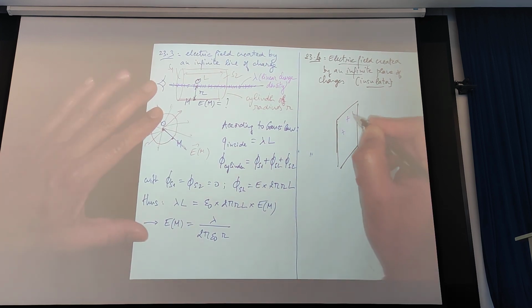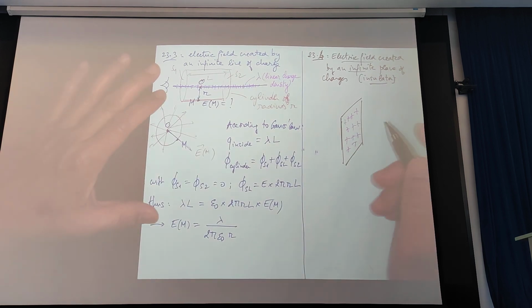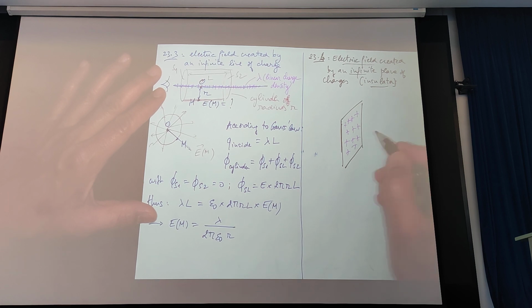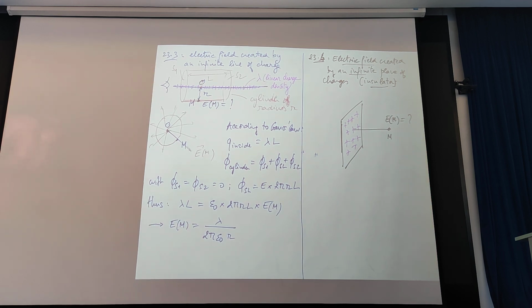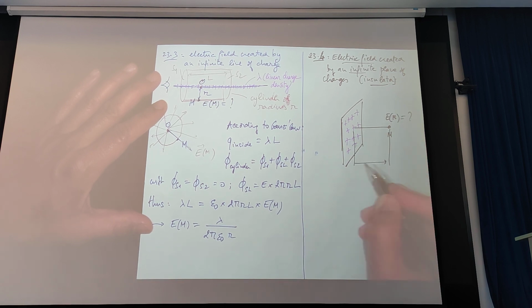But this charge could be like this. They are fixed. And the question again is, what is the electric field at the point M, which is, let's say, at distance Z?